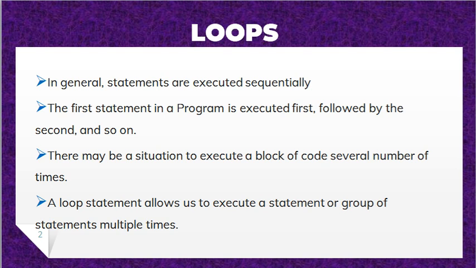In general, in program execution, the statements are executed sequentially. That is, the first statement in a program is executed first, followed by the second, and so on. That is line by line execution. There may be a situation to execute a block of code several times.